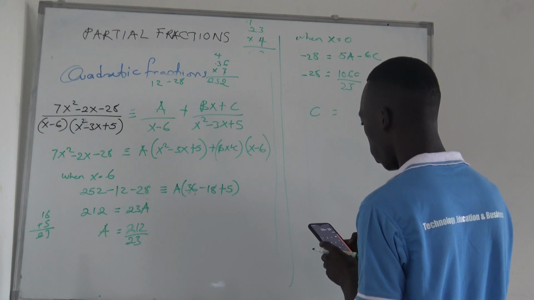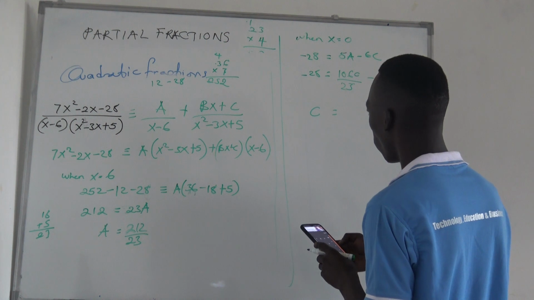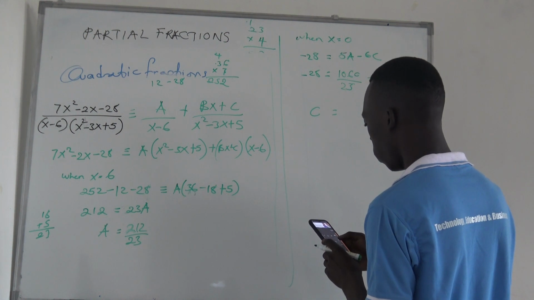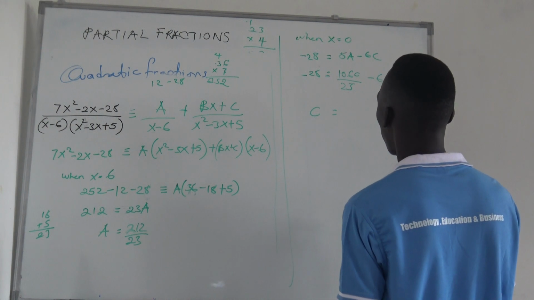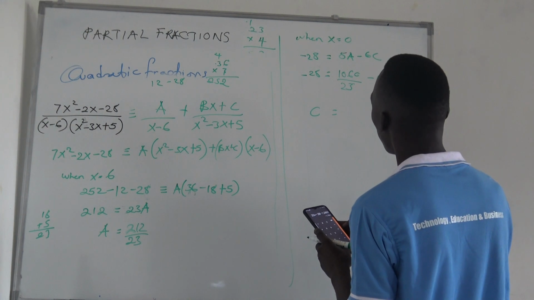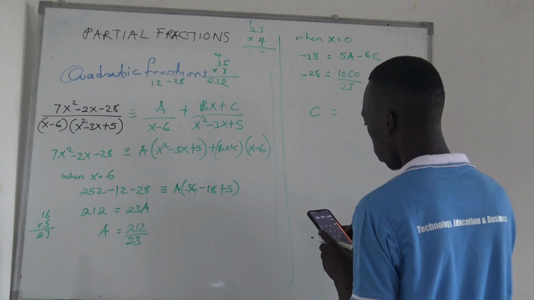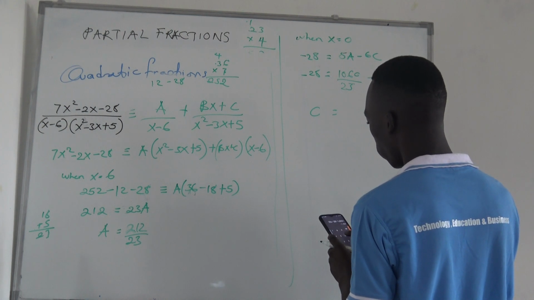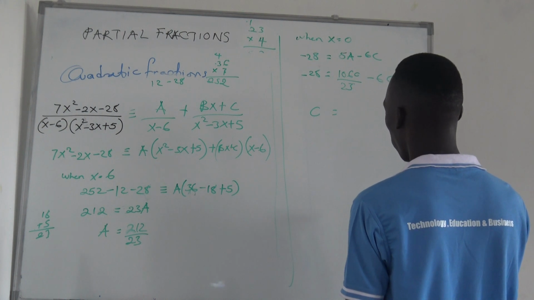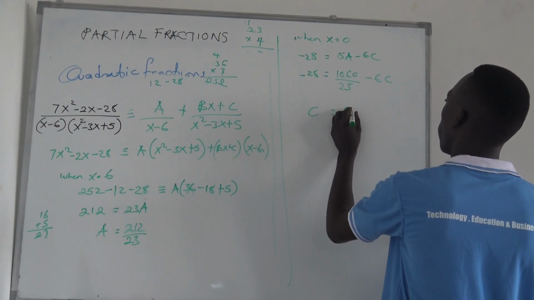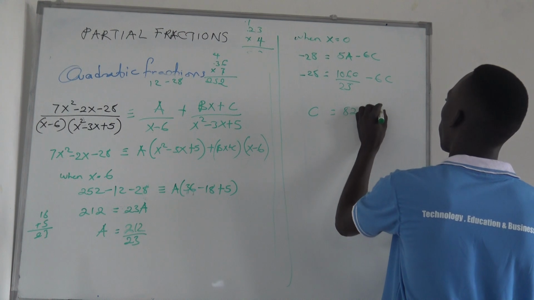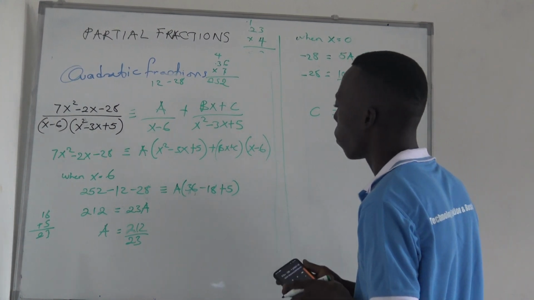So it's minus 1060. So which will give us that one. Then when you divide by 6, which will give us 820.67. That will be our C.